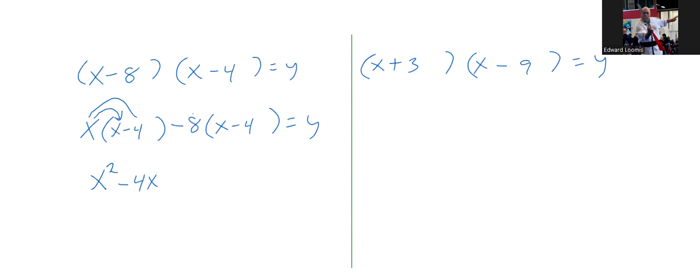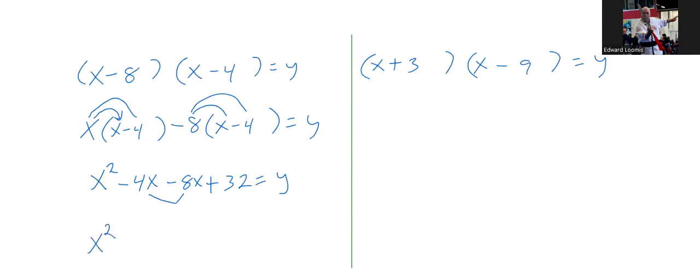Distribute. 8 times x is 8x. Negative times positive is negative. 8 times 4 is 32. Negative times negative makes that positive, and that whole thing is equal to y. At this point, all I have to do is combine my like terms. I have no like terms for my x squared.